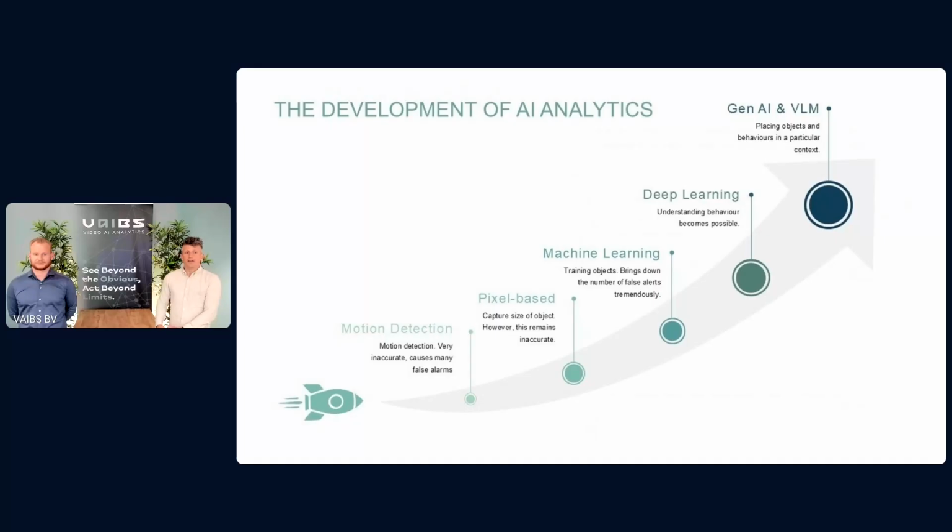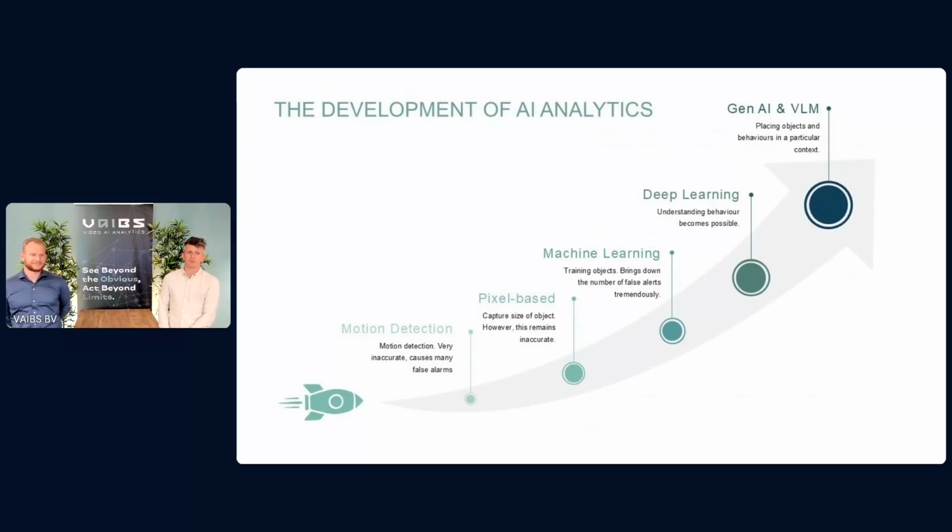So the next step was to train the software to recognize what an object really was. We took a lot of images, for example, of a car, and we trained the software to say, well, if the object has a shape like this in this image, it probably would be a car or a person or another object you wanted to train the software on.